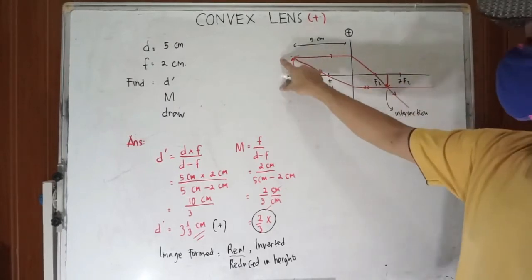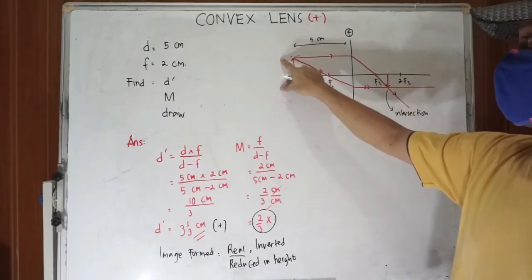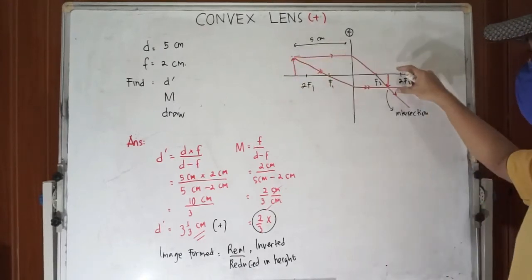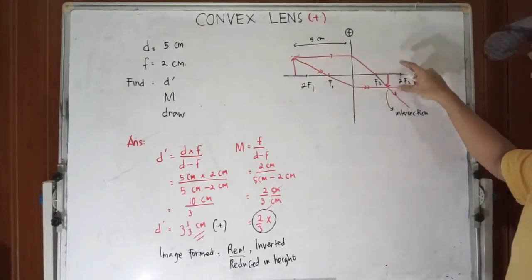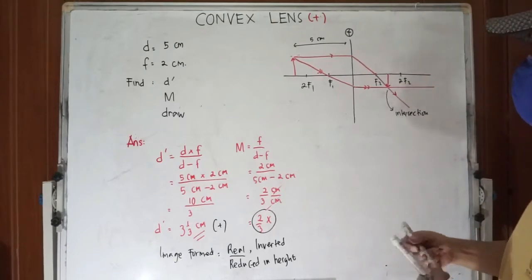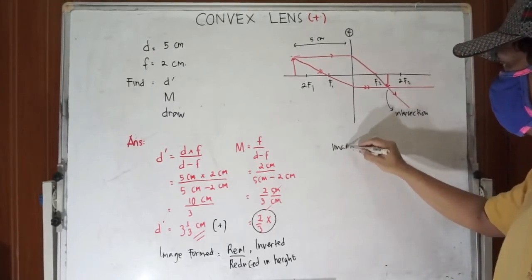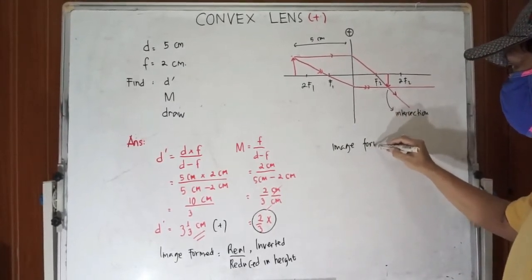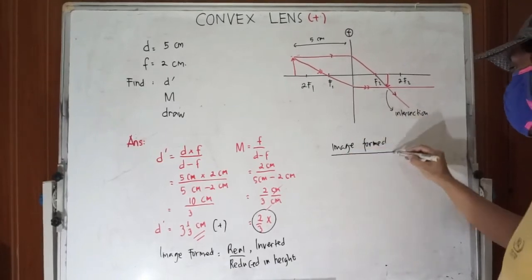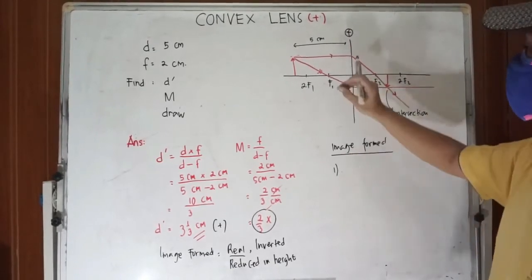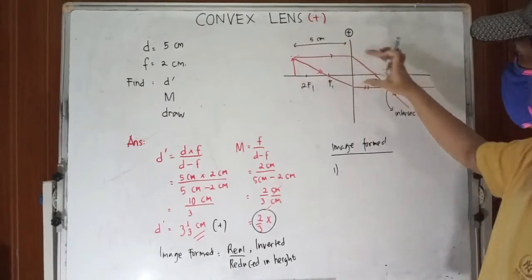Look at the object: it is upright, but the image is inverted. So, image form: one, inverted.